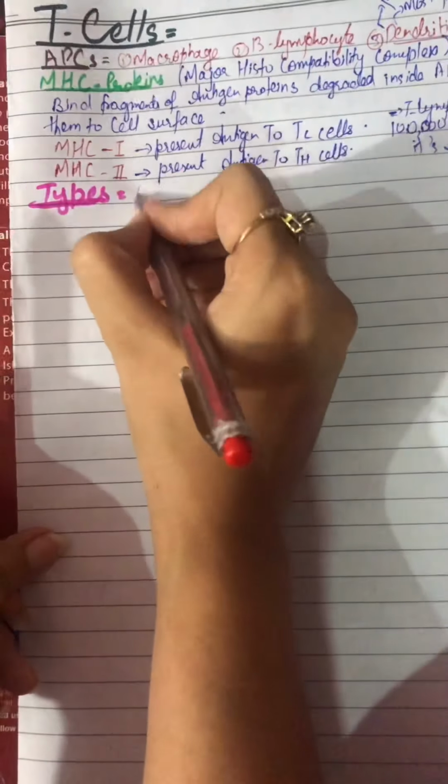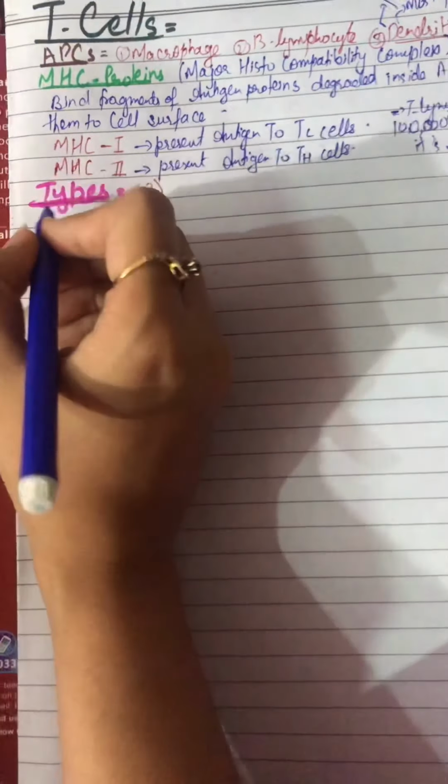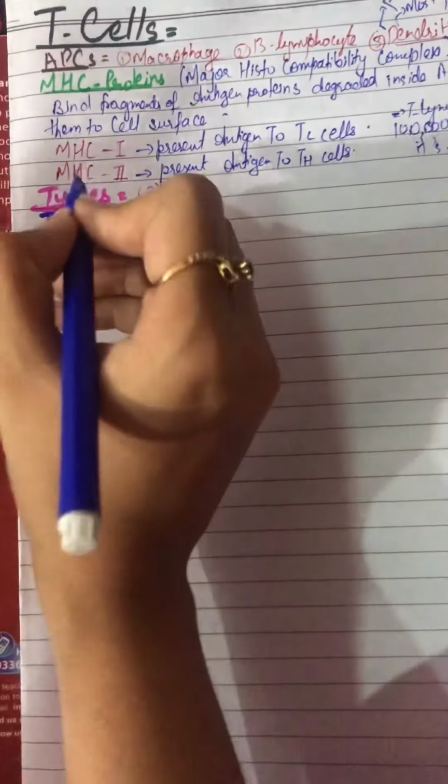Now let's come upon the types of the T cells. There are 3 types of the T cells. The first one is T helper cells.